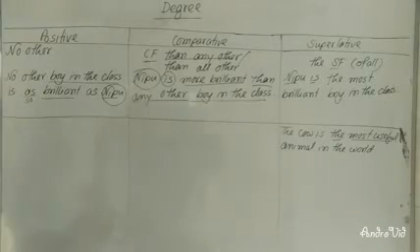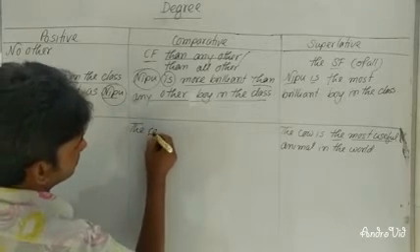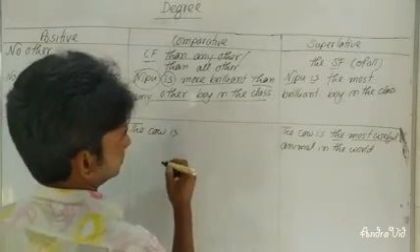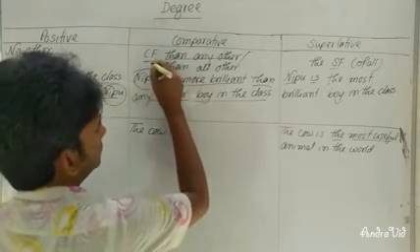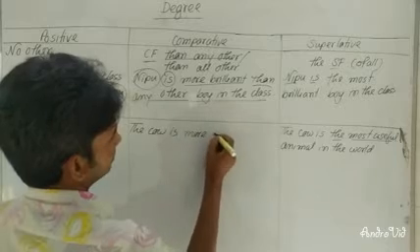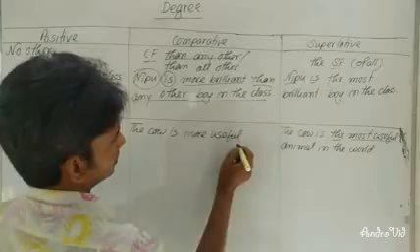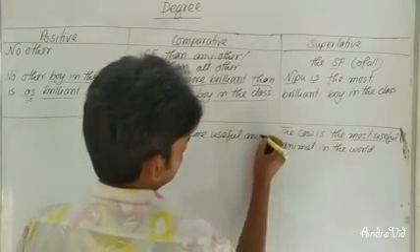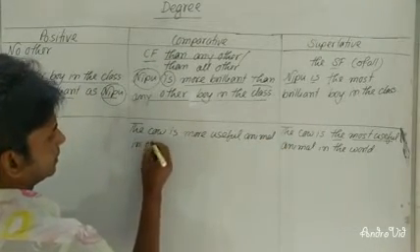So now you will have to write the cow, then you will have to write is, then the comparative form, more useful animal in the world.